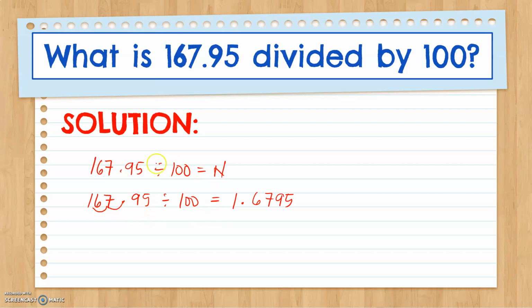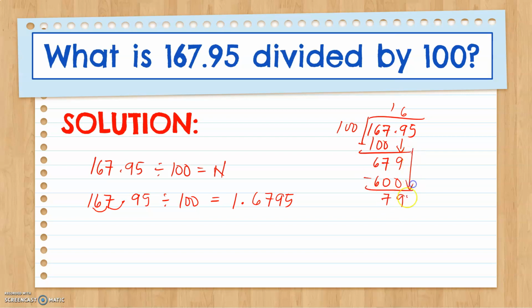We can also use the long method to answer this question. But again, the steps which we did earlier are the shortcut method. So let's have 167.95. Okay, let's divide it by 100. We'll have here 1. Then we will have a difference of 67. Bringing down 9, this will be equal to 6. And we'll have here 600. Then bring down 5.